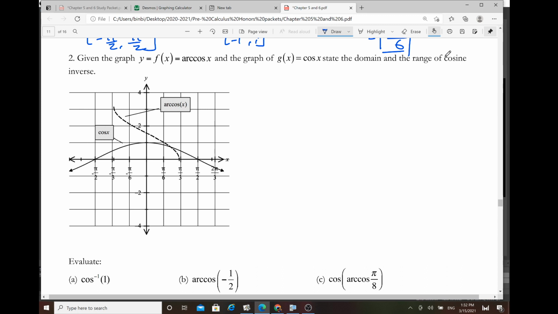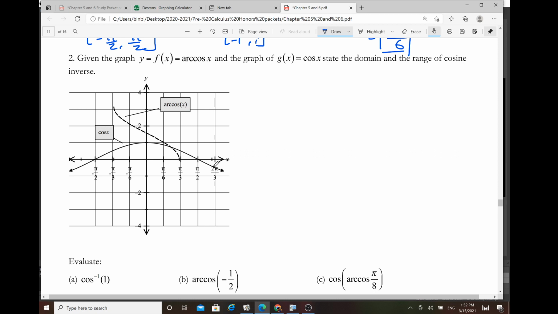State the domain and range of the cosine inverse. So this one, as you can see, the domain here is from negative pi over 3 to pi over 3. Okay, so it used to be the arc cosine.